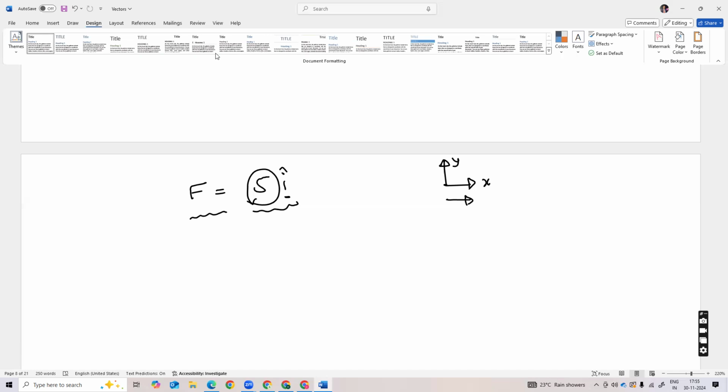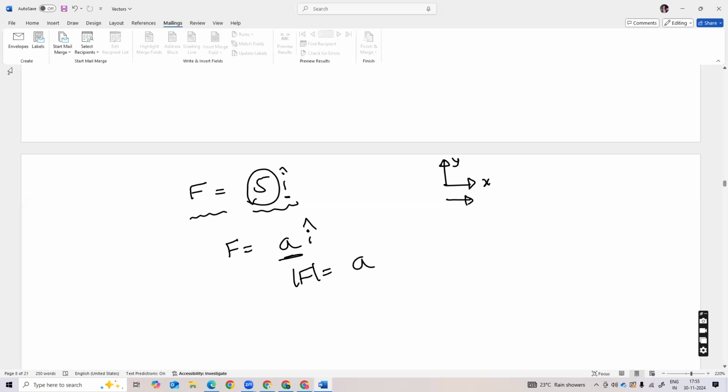So if you have a force equal to a i, the magnitude of this vector is a. Or if you have a velocity vector, let's say velocity is equal to 10i or 10j, then also the 10 is the magnitude of this vector.